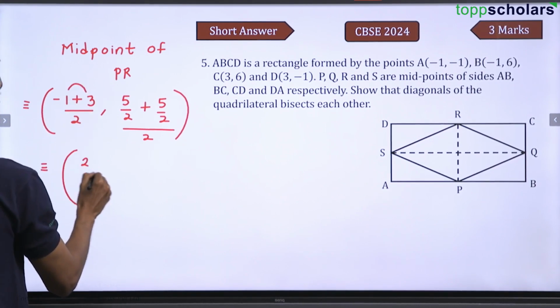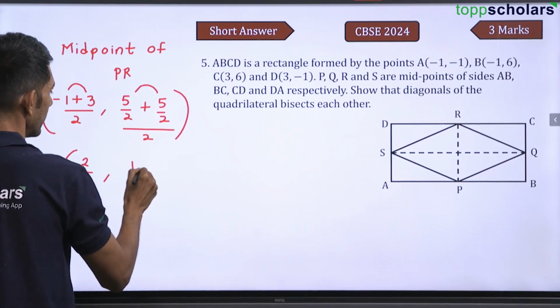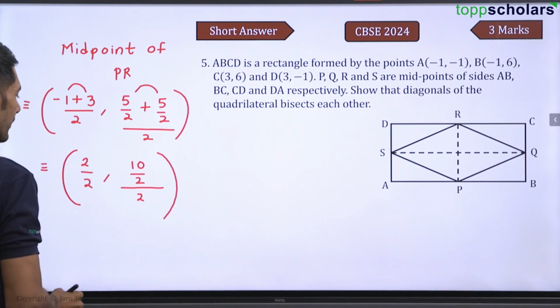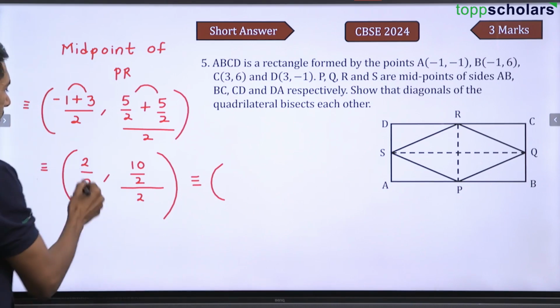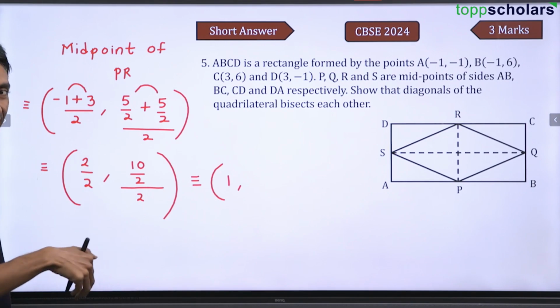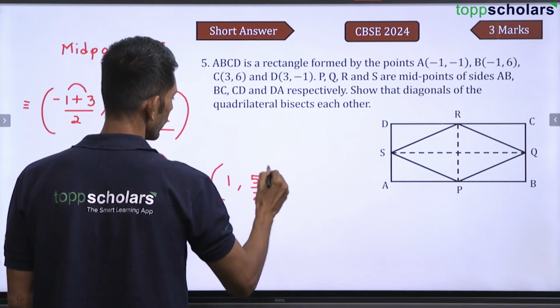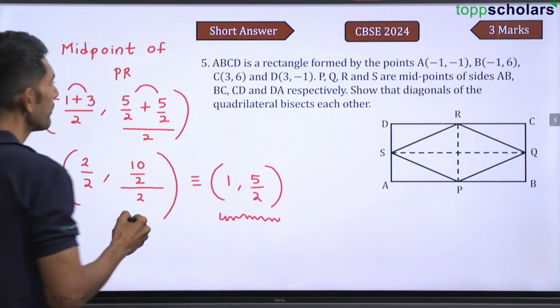So that is 2 by 2, comma, this is 10 by 2, the whole by 2, right? So that gives you 1, comma, this 2 goes up, that is 10 by 4. 10 by 4 is nothing but 5 by 2. So you get 1, comma 5 by 2. This is the midpoint of PR.